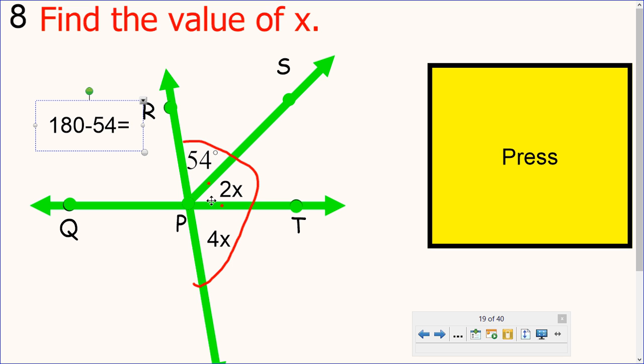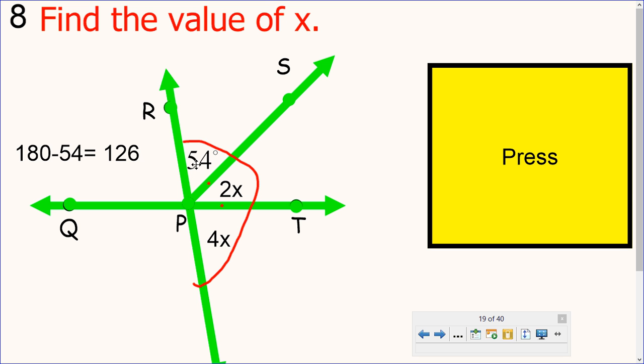So 180 minus 54, I believe that gives me 126, right? 180 minus 54 gives me 126. So I got 126, and now that's between this guy and this guy. Now he's a 2x and he's a 4x.